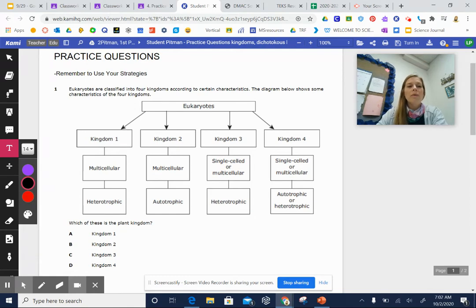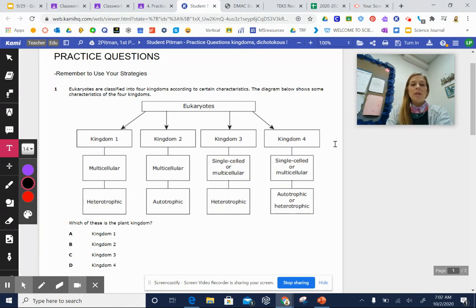Okay, so looking at number 1, remember our strategies are underline the question, highlight keywords, and then prove your answer. Number 1 says, eukaryotes are classified into 4 kingdoms according to certain characteristics. The diagram below shows some characteristics of the 4 kingdoms.